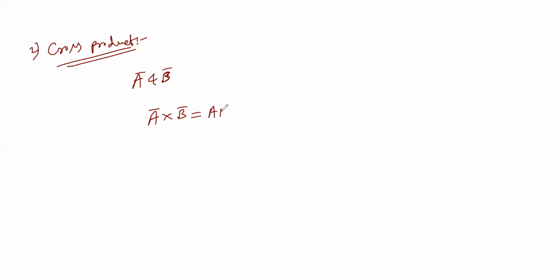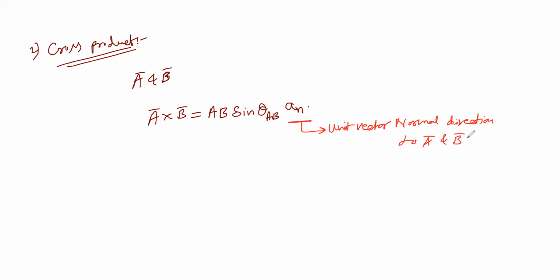So the expression is AB sine theta times an, where theta is the angle between A and B, and the term an is a small unit vector in the normal direction to A bar and B bar.